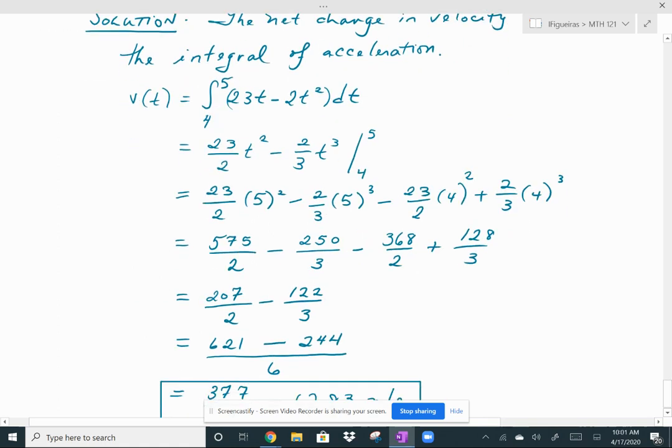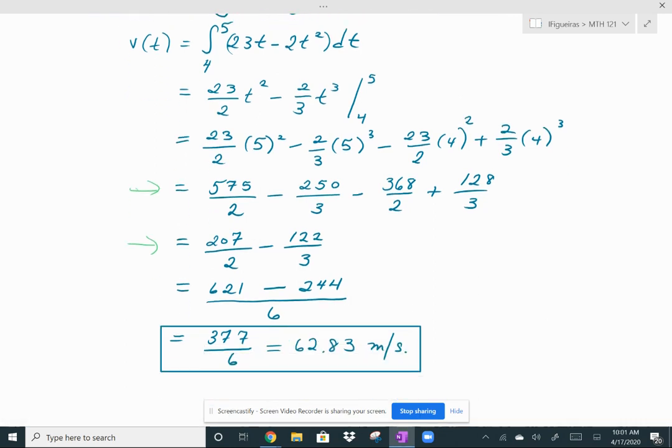We end up with these 4 fractions here. So I combined the ones with similar denominators in the next line. And then I got a common denominator of 6. So your result is 377 over 6, which is 62.83 meters per second. Remember, we were solving for velocity, so you have to include the appropriate units.